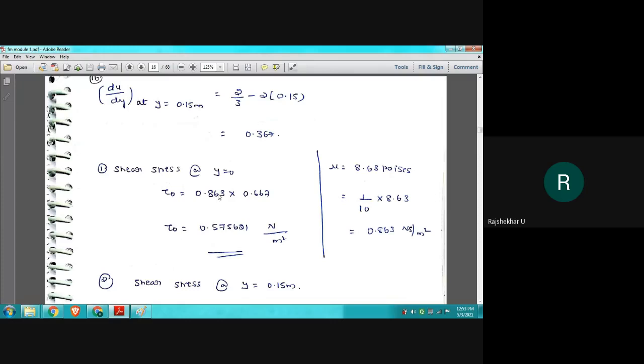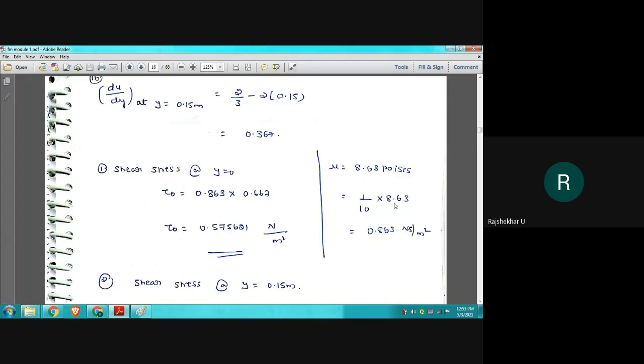So if you see here, tau is equals to mu. Mu is the viscosity of the liquid, which is given in poise. If you divide it by 10 from poise, you will get it in SI unit. So here the simplification is shown. Mu is equal to, the value given is 8.63 poise. It is the dynamic viscosity of the liquid.